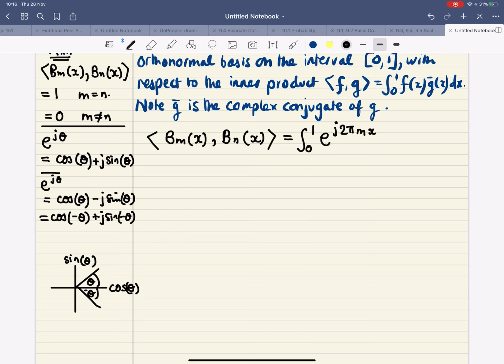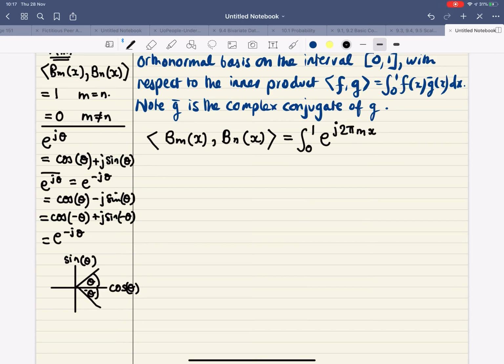And if we write that back, that's e to the minus j theta. So basically the conjugate goes in there, which is what you would have hoped. That's a little diagram to help you see that.